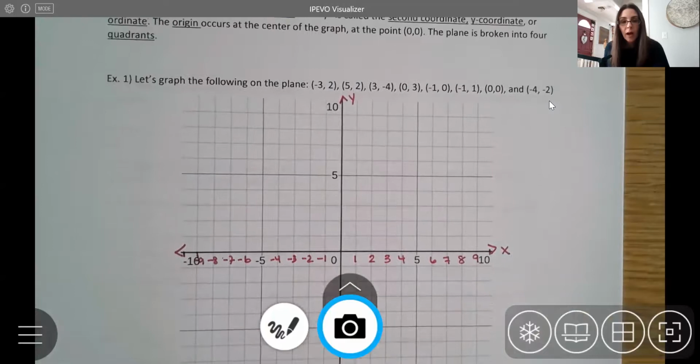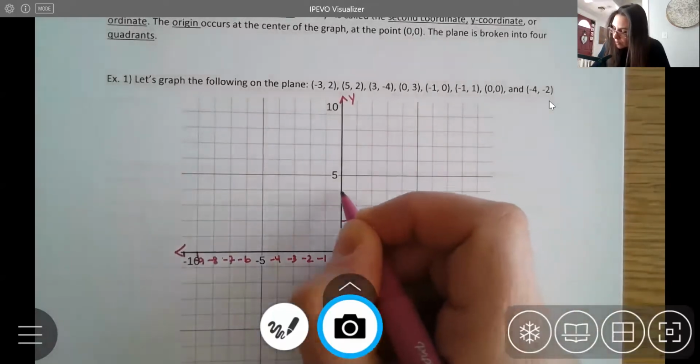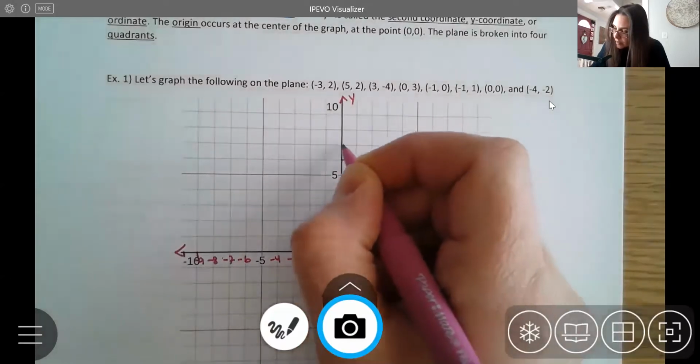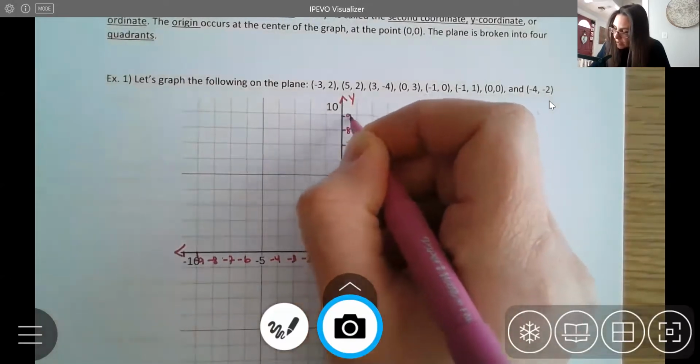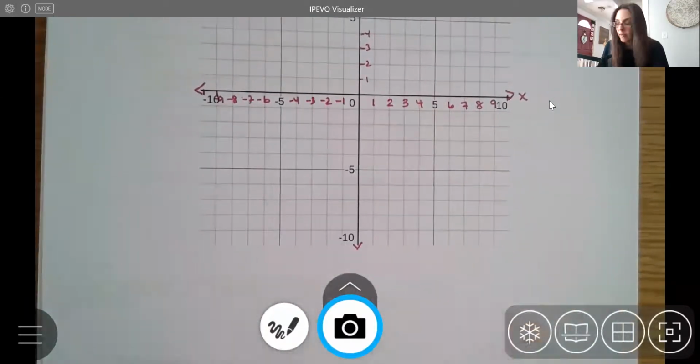For your y-axis, your positives are going up. So we have 1, 2, 3, 4, 5, 6, 7, 8, 9, and again, the 10 is up top there. And then you have your negatives going down.